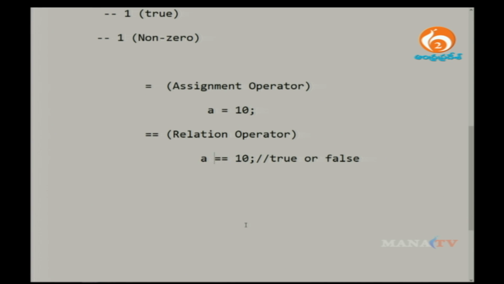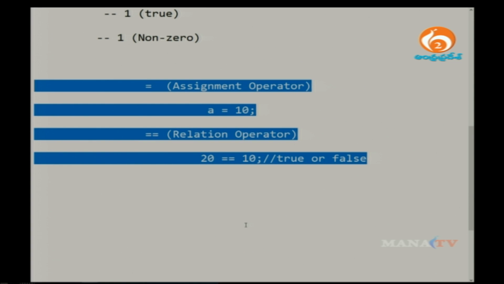If both are the same, that is, the A value is 10 and the condition you have written is A double equals to 10, it will return true. As for example, let me say the A value is 20: 20 double equals to 10 is wrong, so it has to return false. Please note down this important point.